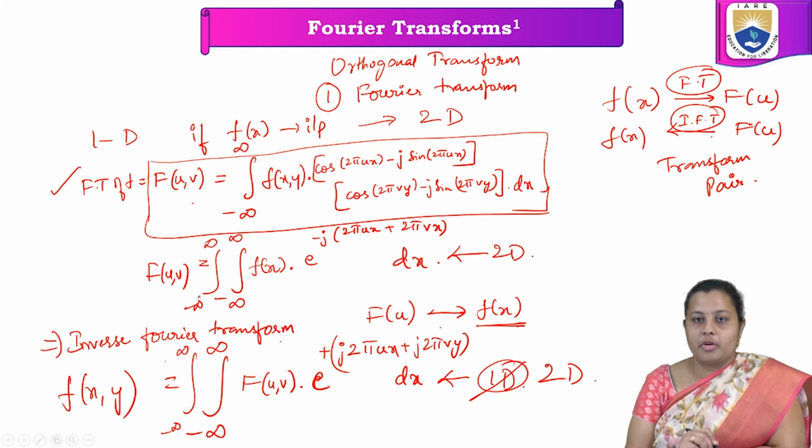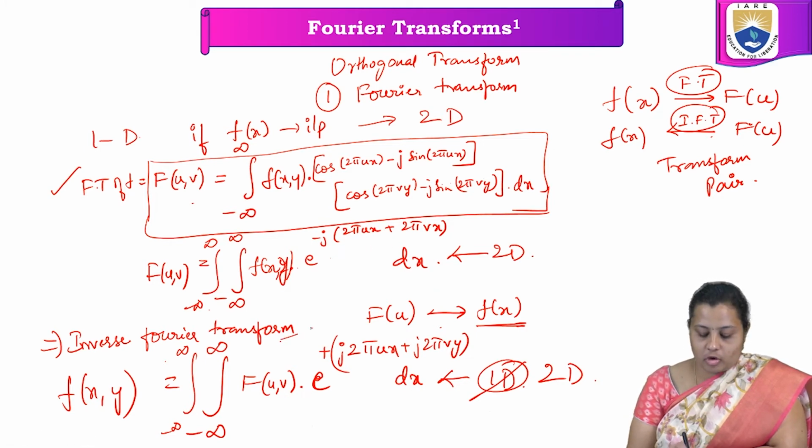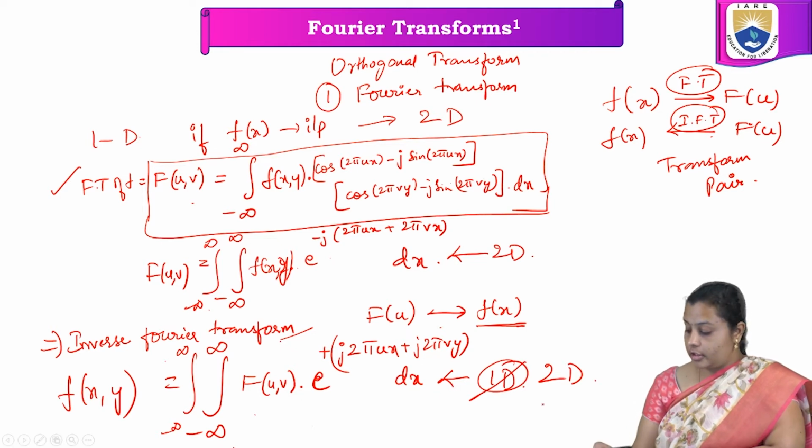F of u comma v is the double integration from minus infinity to infinity of f of x comma y into e power minus j 2 pi (ux plus vy) dx dy. When we talk about the inverse transform, it is the double integration from minus infinity to infinity of F of u comma v into e power j 2 pi (ux plus vy) du dv. Right?